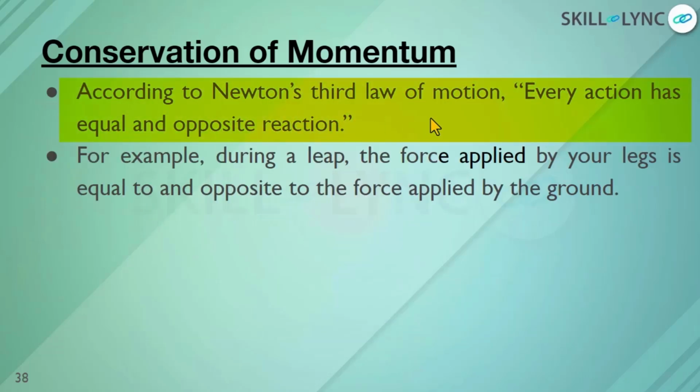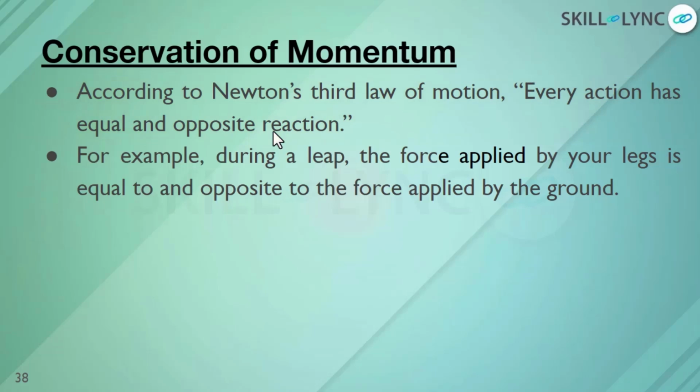According to Newton's third law of motion, every action has an equal and opposite reaction. We have studied this law previously, and we have also considered the example of rocket propulsion. Thus, we can also consider a different example in this case.